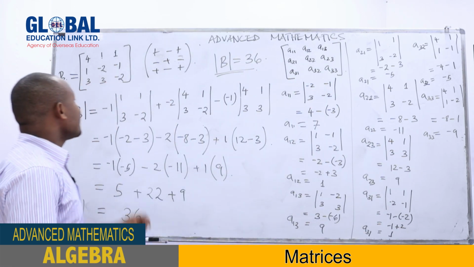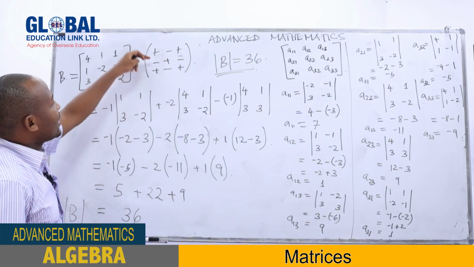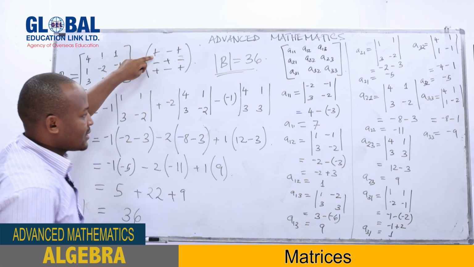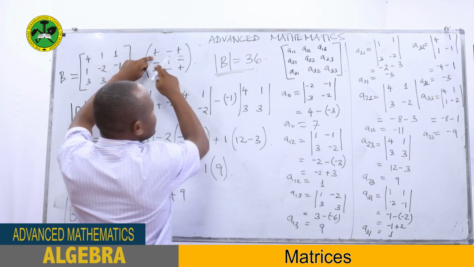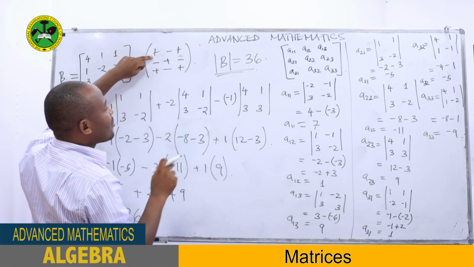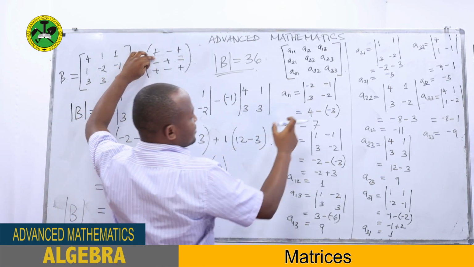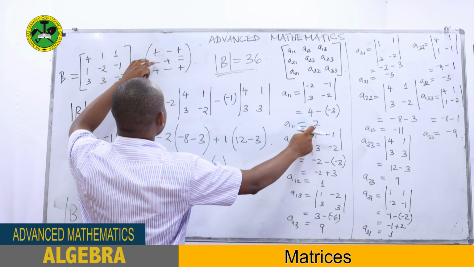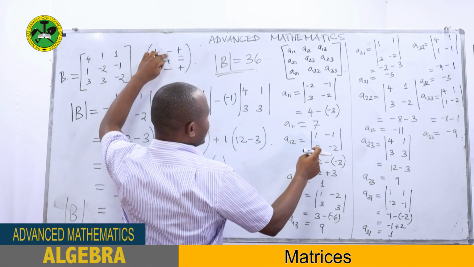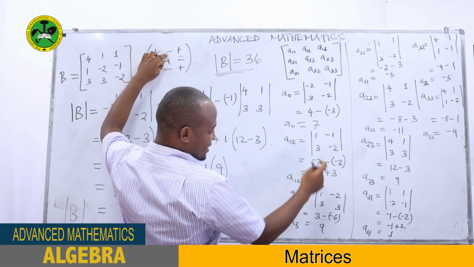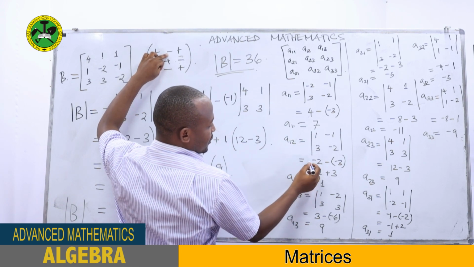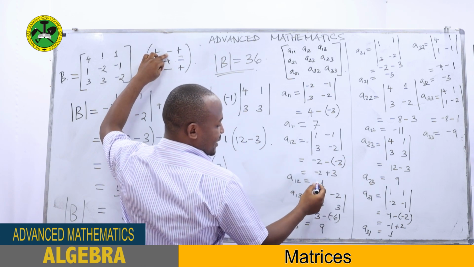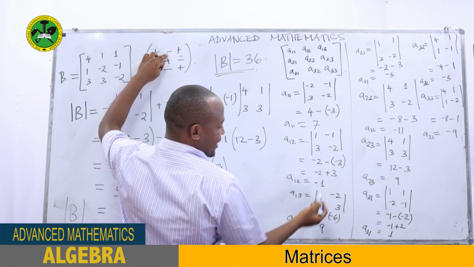But remember, the pattern was that the first cofactor is supposed to be multiplied by positive, and it is positive there. The second one is supposed to be multiplied by negative, so all of these were supposed to be multiplied by negative, and that is negative there.